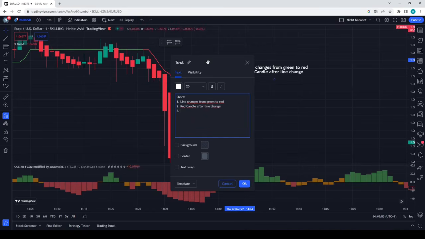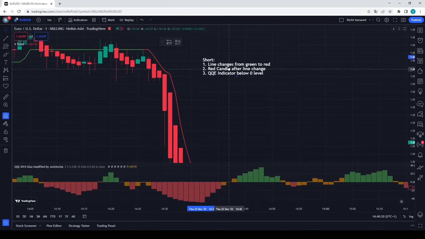And as the third, the QQE indicator has to be below the 0 level. So you can see it is pretty straightforward.